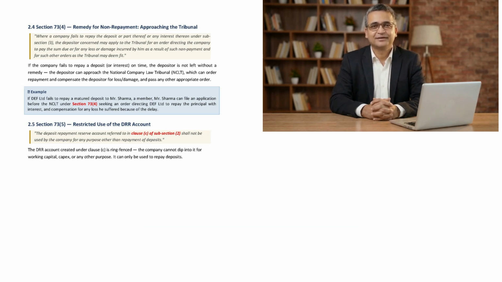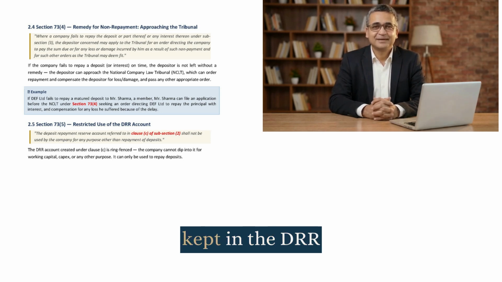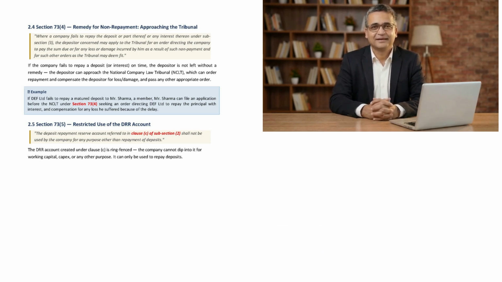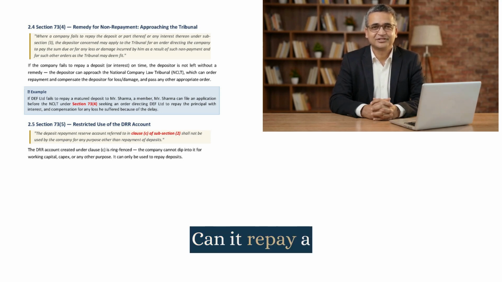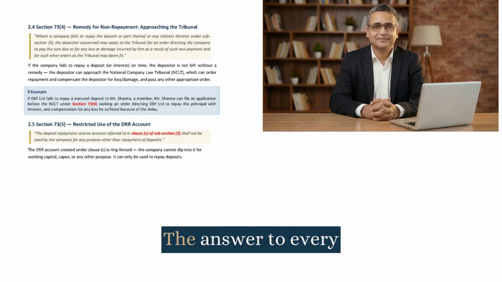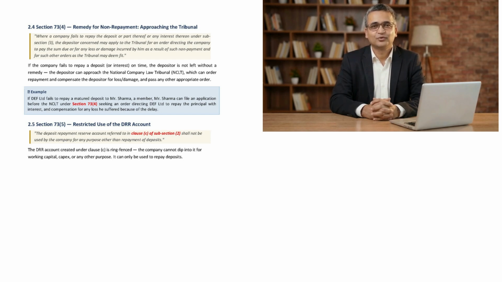Now here's the question. Once this money is kept in the DRR account, can the company use it for any other purpose? For example, can it purchase machinery? Can it pay salaries? Can it repay a bank loan? Can it use the money for working capital? The answer to every one of these questions is no.